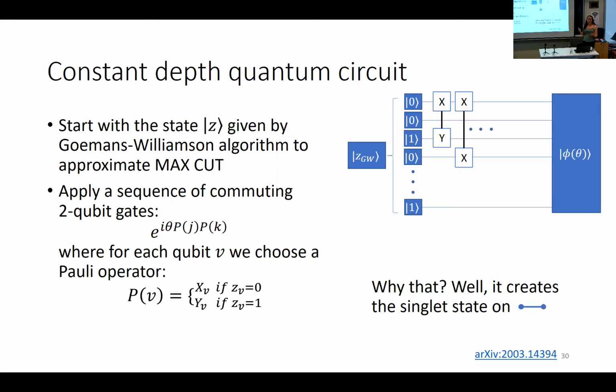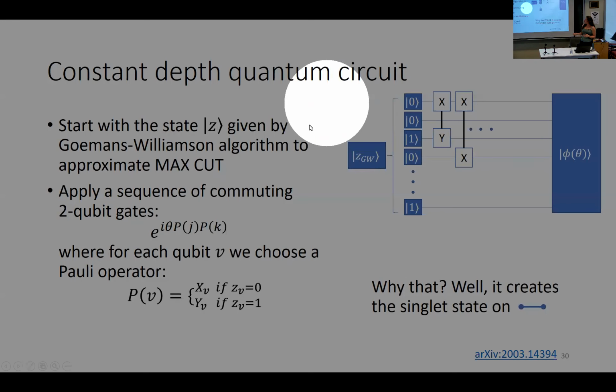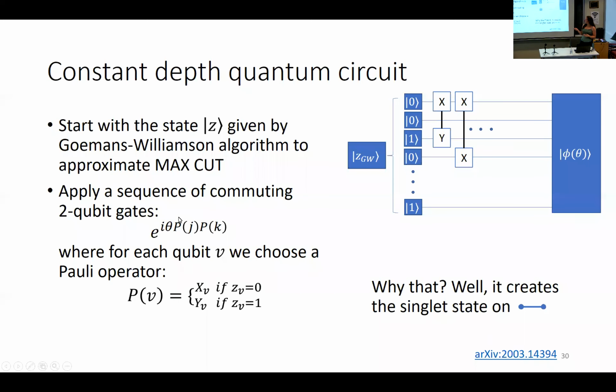And so the intuition is maybe if we do that a little bit everywhere, it'll make everything a little bit more singlety, and that will be good. And so that gives you entanglement across the whole graph. And so you can just calculate out what this is going to do. We use a single variational parameter here, theta. So we're going to rotate all of these edges by an amount theta, and it's going to be the same for all of them.